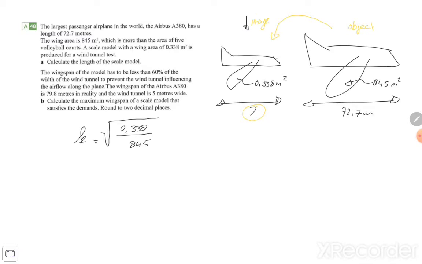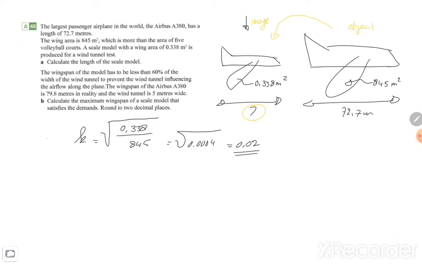So it's very important that you know that formula. If I calculate it, you get the square root of 0.0004, and that will be 0.02. So that's your scale factor.